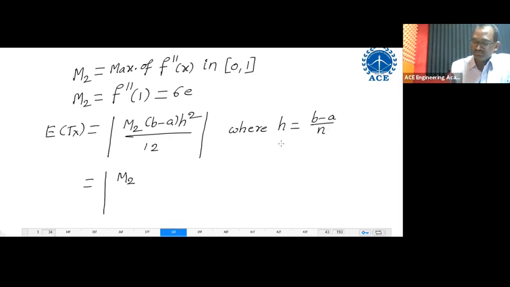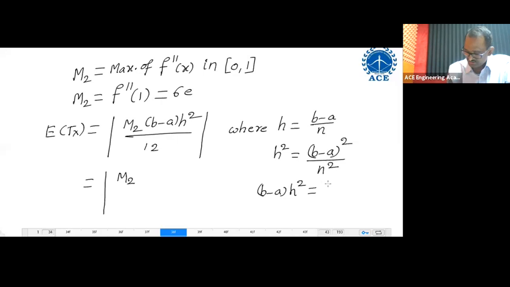H square, then h square is equal to (b minus a) whole square divided by n square. Next, b minus a into h square. Multiply both sides by b minus a. So b minus a into (b minus a) whole square is (b minus a) whole cube by n square.